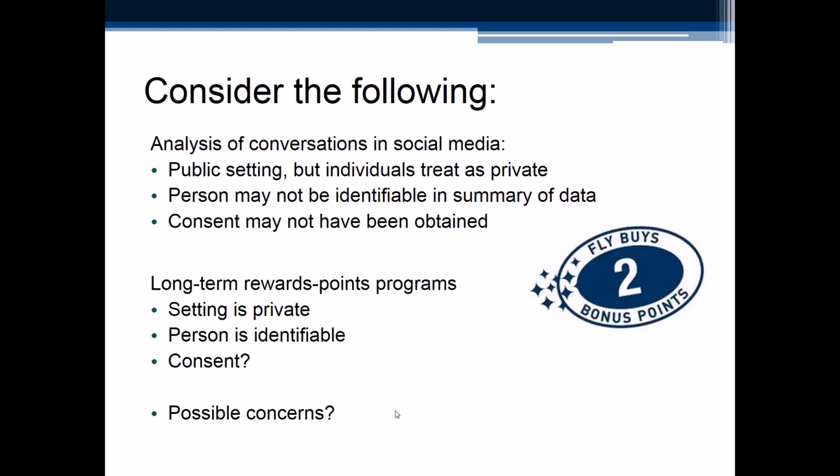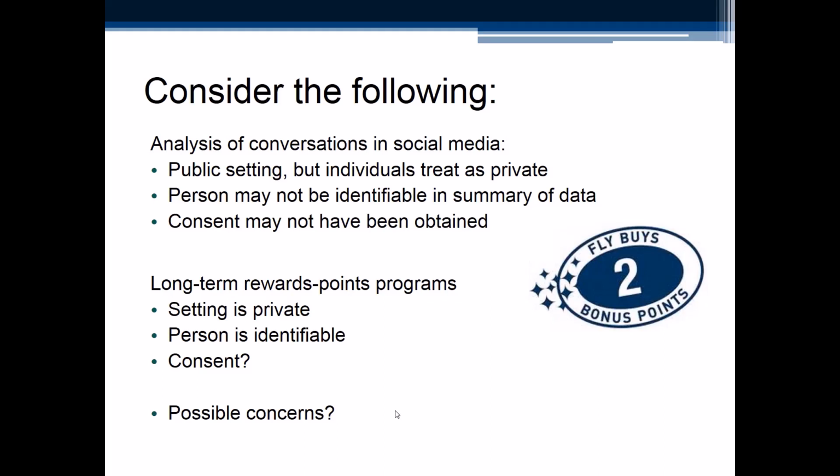Consent may or may not have been obtained. A lot of researchers who are looking at social media data will look at very public data. If they're looking at more private data, often they're requested to get consent. Some companies will have in their social media pages, if you have to sign up to them, for example, consent where you opt into being observed. So we need to be a bit mindful of that.